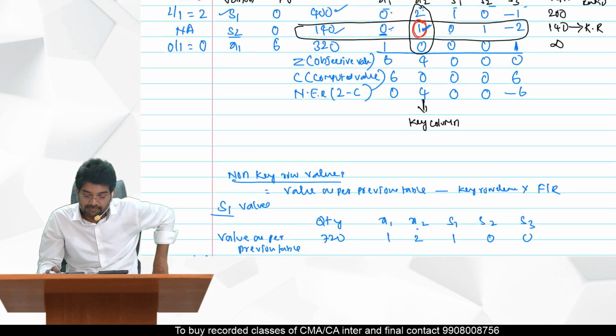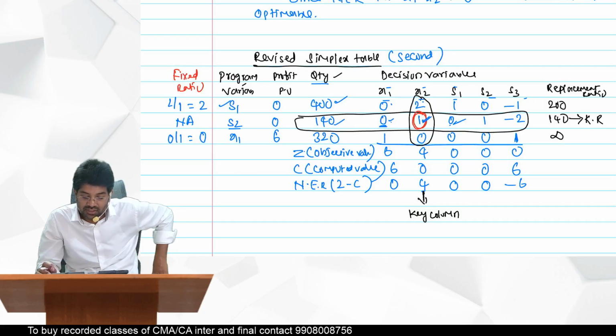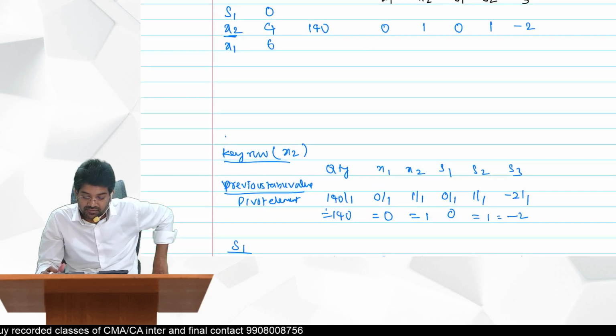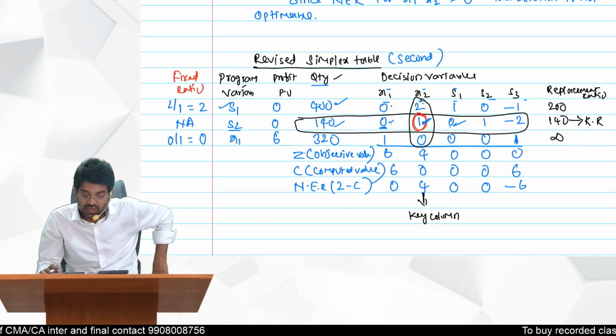Then for S1 the corresponding key row element is 0 into the fixed ratio 2, so 0. Next, the corresponding key row for S2 is 1. 1 into 2, 2.